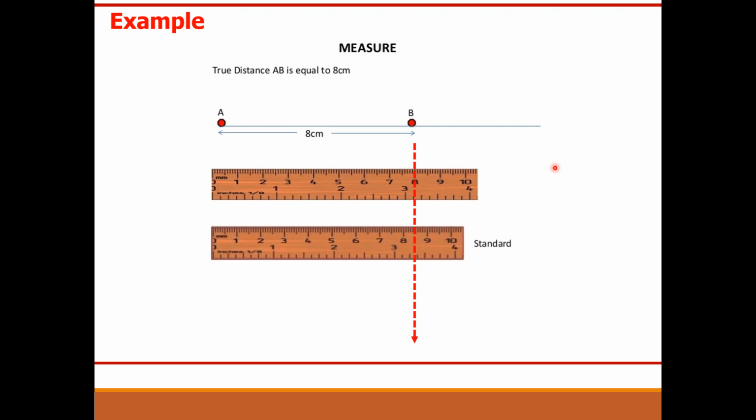Now we open another standard tape and compare it with our previously taken reading. A standard tape means it is a freshly manufactured measuring tape from the factory, and it is 100% authentic and verified that it has no error, 0% error. That is called the standard tape.